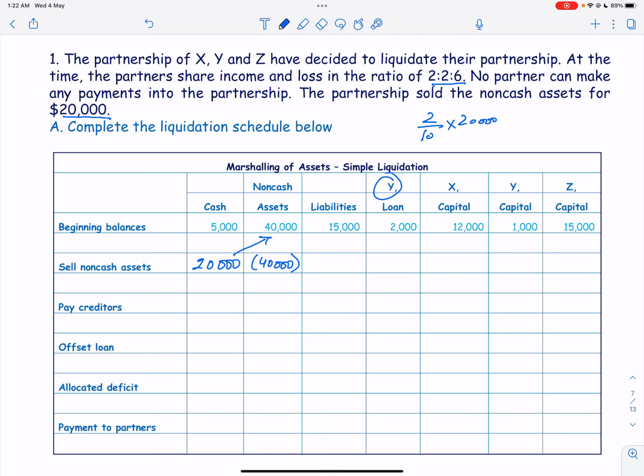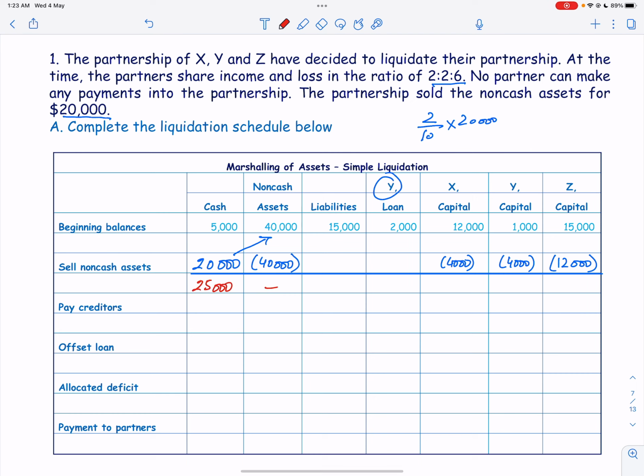So that makes 4,000, 4,000, and 12,000. And the balance now is 25,000.